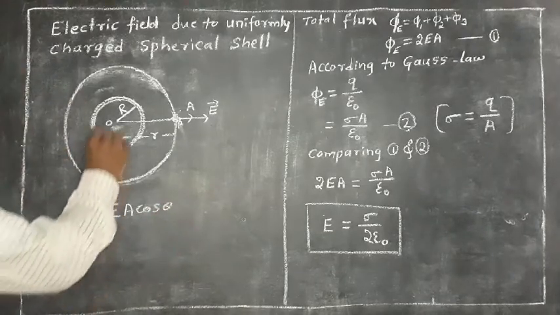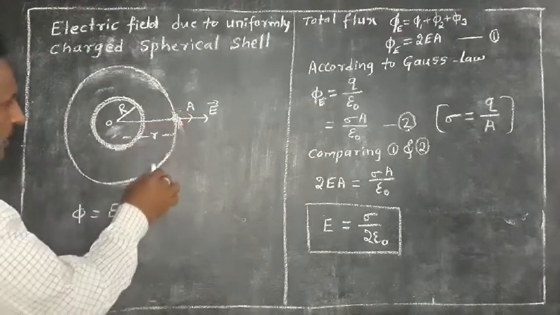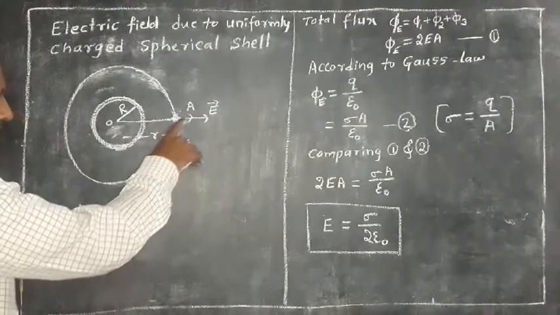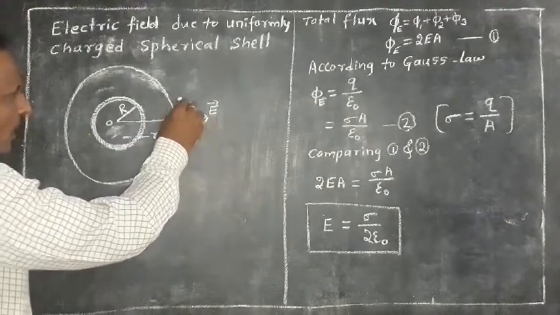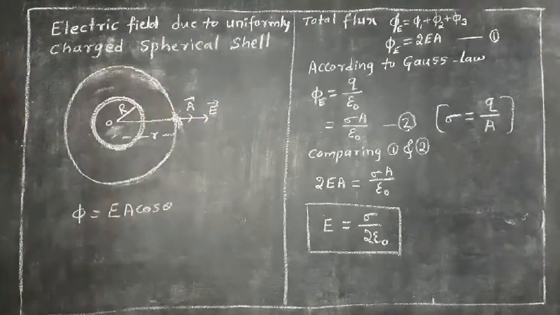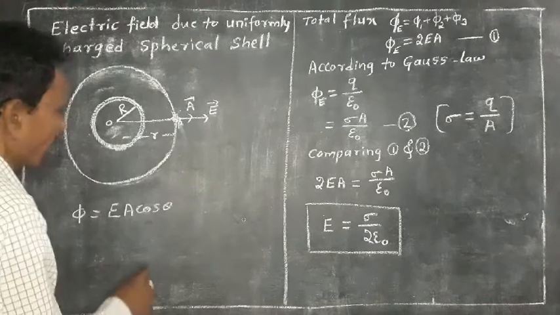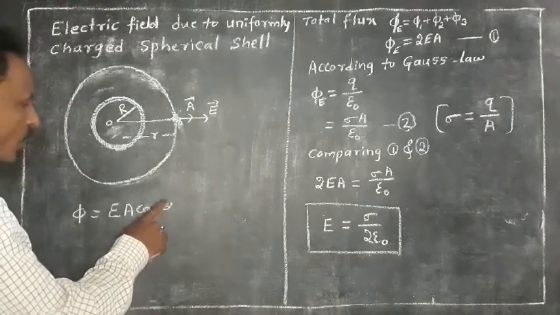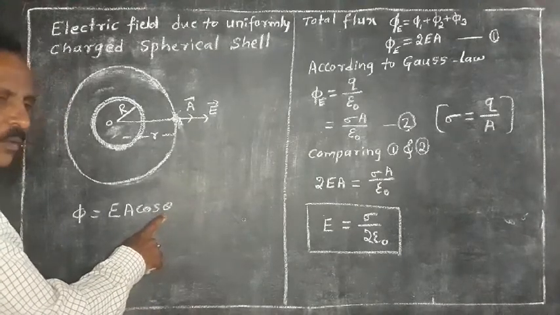But for a closed curved surface, the field vector and area vector are along the same direction at any point on the surface. Therefore, theta equal to 0, cos 0 equal to 1.